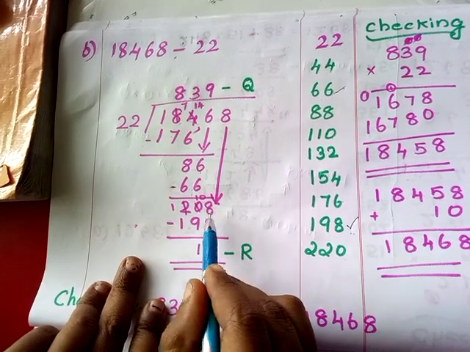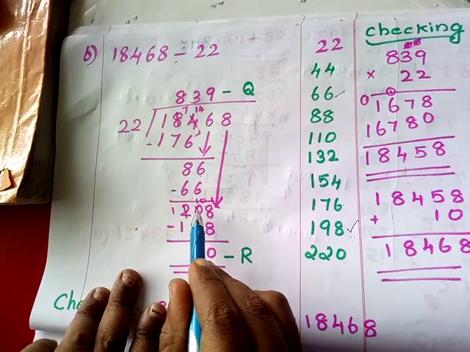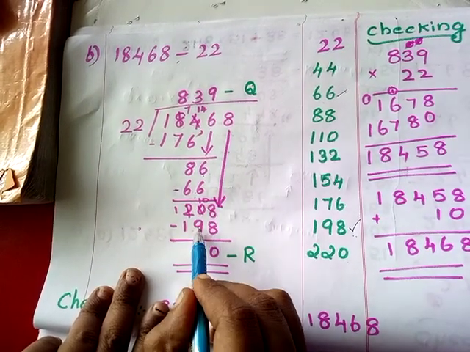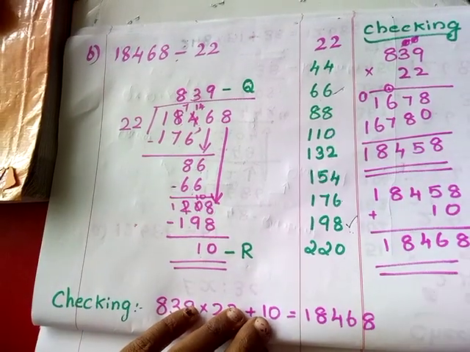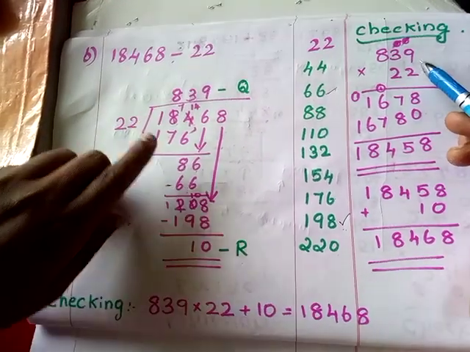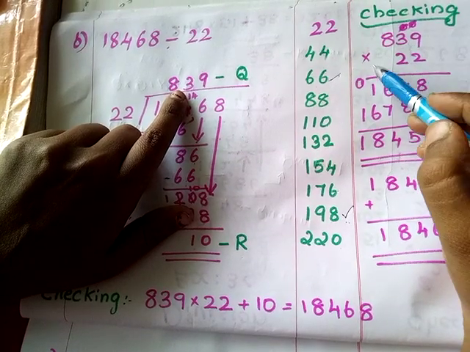Now when you subtract, 8 minus 8 is 0. And 2, I have to regroup, and 0 becomes 10. And 10 minus 9 is 1. 10. 10 is my remainder. As I said, you have to check. For checking, I got my quotient as 839. 839 into 22.